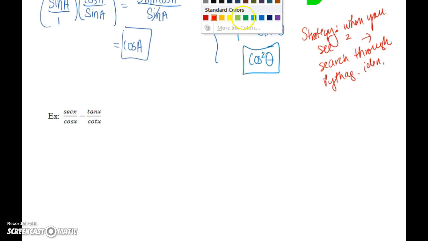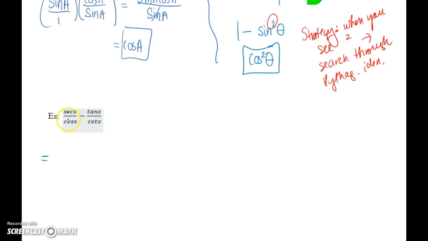Now our next example, we don't see any squares, so we're not going to use the Pythagorean identities, but let's use our rule of changing to sines and cosines. So secant becomes 1 over cosine x. Let's leave cosine x as cosine x, minus tangent x becomes sine x over cosine x, all over cotangent, which is cosine x over sine x.